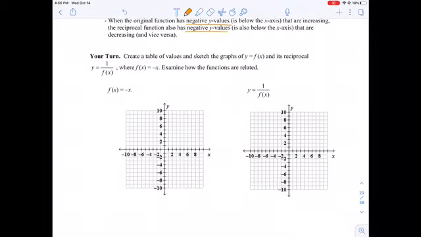Okay. Let's graph another one. Instead of y equals negative x, which will almost be the same, let's graph f of x equals, I don't know, let's do like x plus 1.